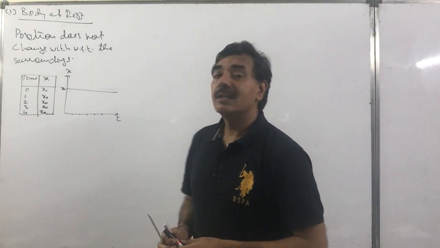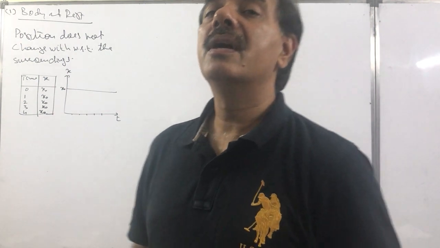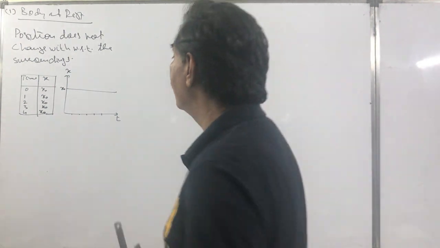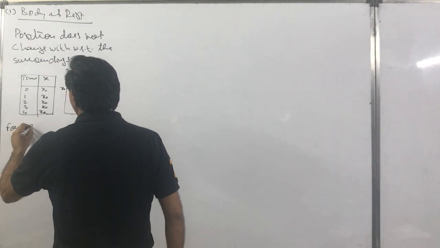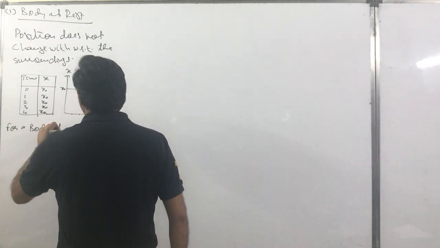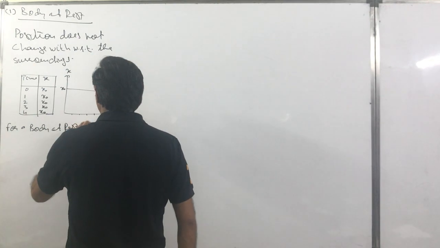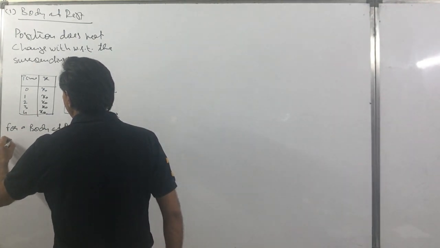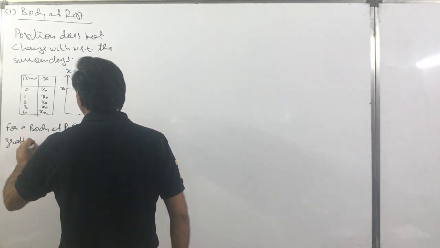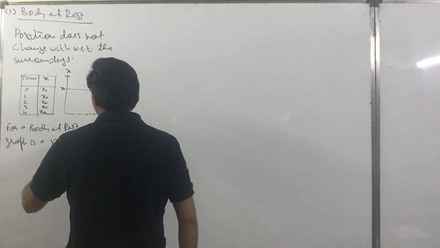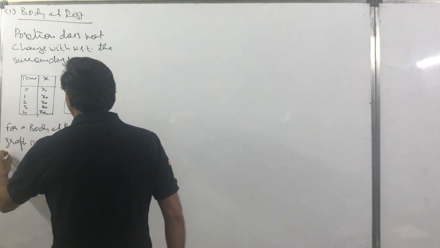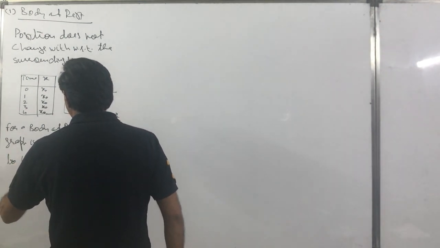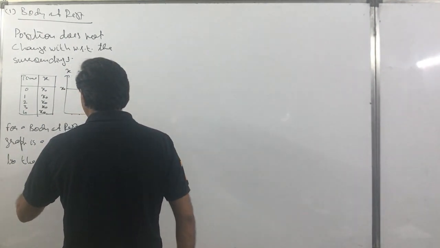For a body at rest, the position time graph is a straight line parallel to the time axis.